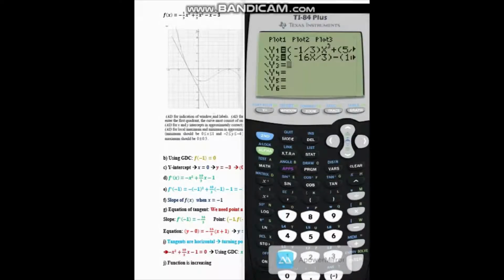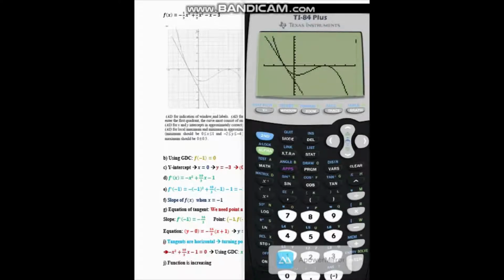I've written the equation down and then I click on trace. So this is what the tangent should look like, and you copy this down on your sketch, and we can see that the marking scheme looks like what we have on the GDC.